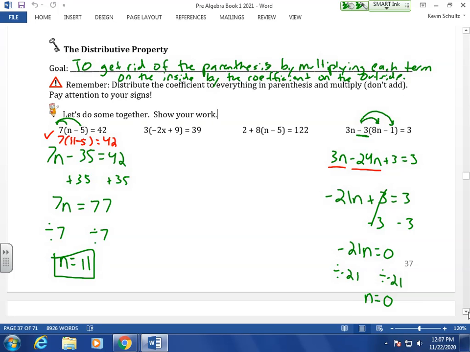Okay? 0 divided by anything equals 0. And if we go back and we plug this in, does 3 times 0 minus 3 times 8 times 0 minus 1, does that equal 3? Well, 3 times 0 is 0, right? So then we have negative 3 times 8 times 0, which is just 0, so I might as well mark that here.